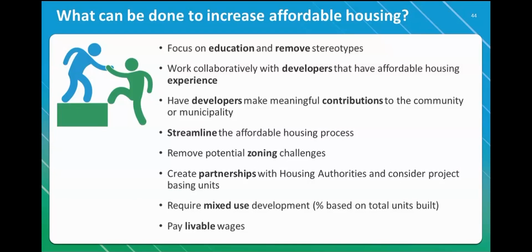We can streamline and start with the affordable housing process. If it's not working, talk to somebody. Talk about the zoning issues, if there are any. Create those partnerships so you are able to create more project-based opportunities for you to house individuals. And then mixed income communities or mixed use developments are still very highly desired.